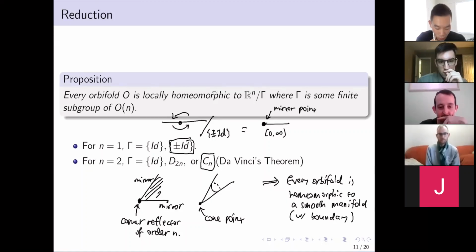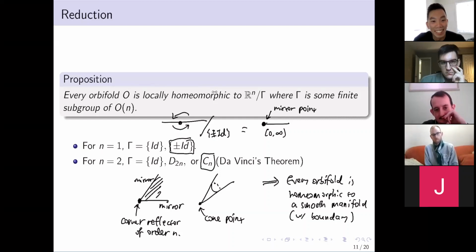Can I ask a question going backwards a bit? A priori, the finite groups didn't have to be in O_n. I assume they're still acting on a sphere, so they would be in the diffeomorphism group of S^n or S^(n-1).